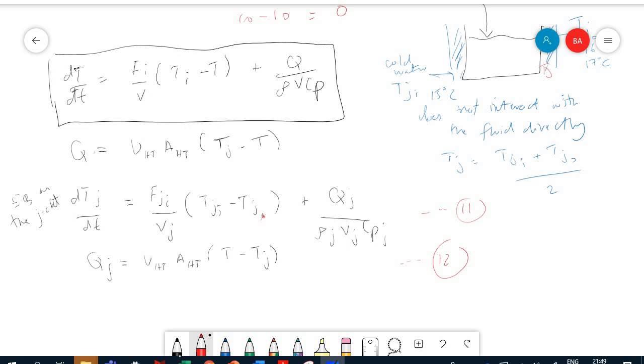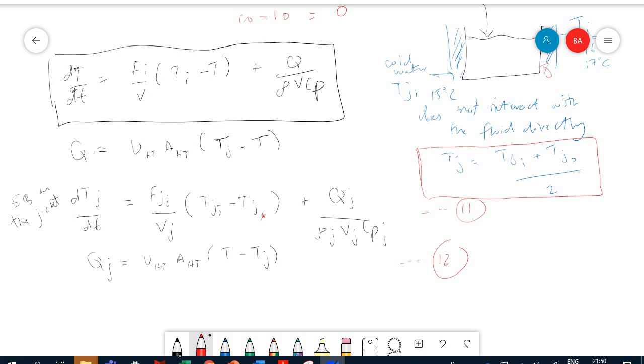So you keep it as Tj out, or preferably put it as Tj, because we don't want to identify what Tj out is separately. These are the equations for how the temperature of the jacket changes. But for future uses, if you are going to do some kind of modeling, this is good enough to represent the system, and you don't need to add these 11th and 12th equations.